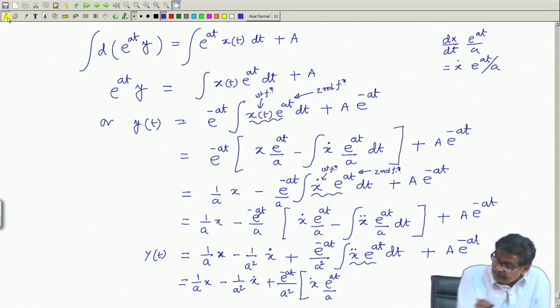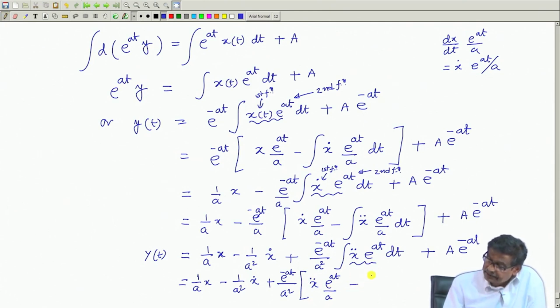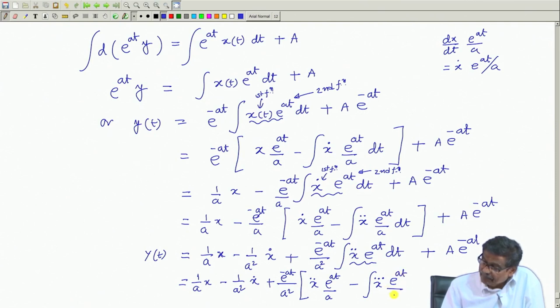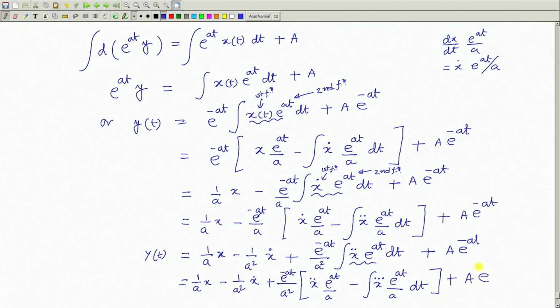First function, that is x double dot, into integration of the second, minus integration of differentiation of the first function, that is x triple dot, into integration of the second, dt. It will give like that, integrating by parts, going on. The first step I did, then once again I expanded this, now I am expanding this, and this is plus a into e to the power minus a t.